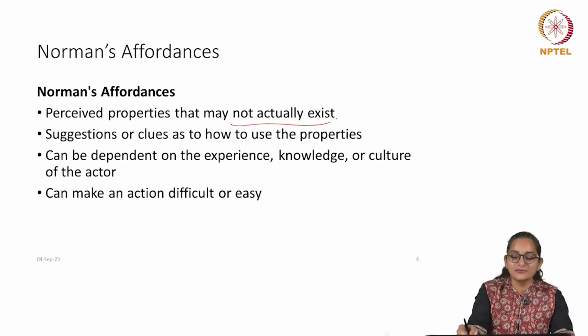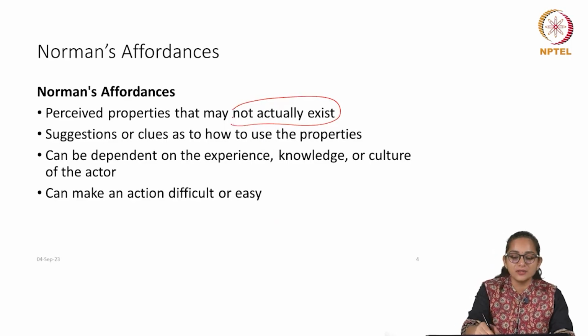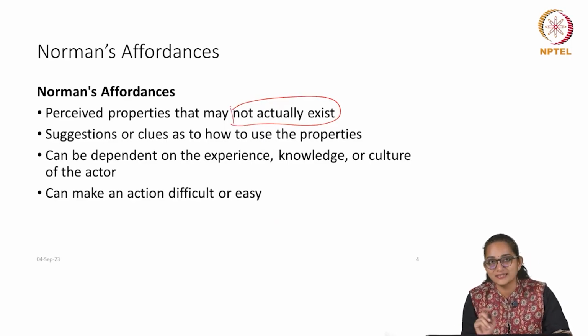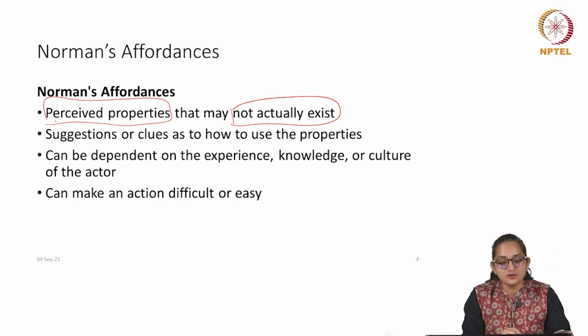This part we will discuss further. What is the meaning of actually existing or not existing, but at least it is perceivable, right. Suggestions or clues as to how to use those properties.